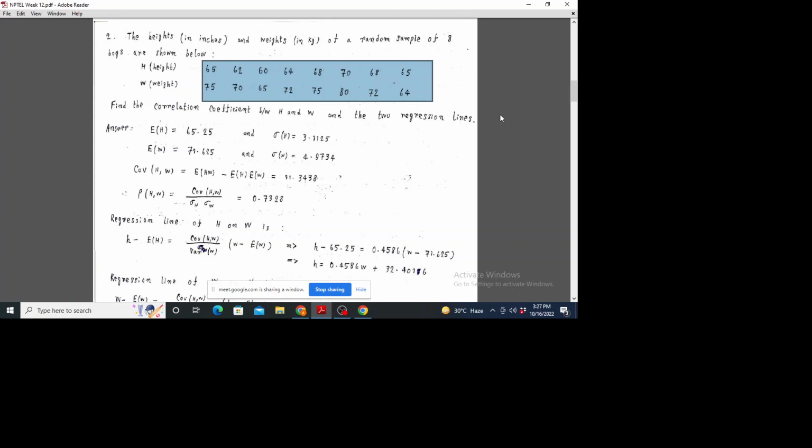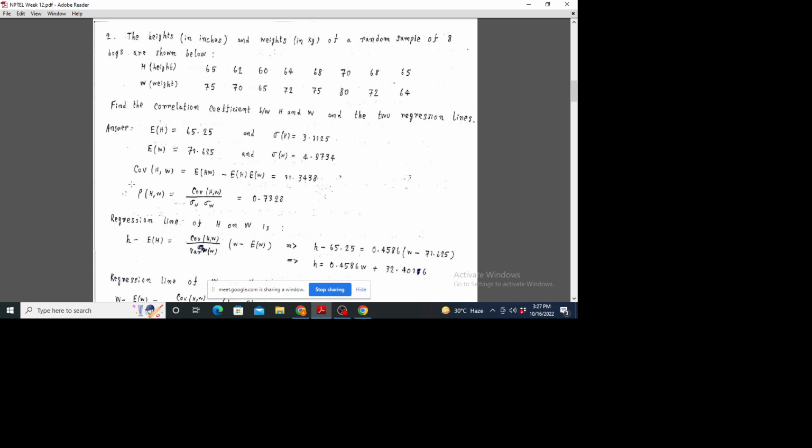So how to tackle this kind of problem? The correlation coefficient can be found very easily. You just have to calculate the expectation values of several variables.